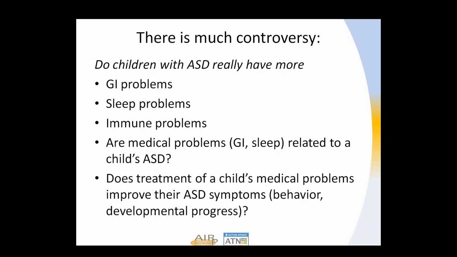So are the two related, or are they simply occurring and have no real relationship? That's been an important point to consider. And then finally, if we treat these medical problems appropriately, can we improve the core autism symptoms in areas of behavior, communication, and perhaps even developmental progress? Next slide, please.